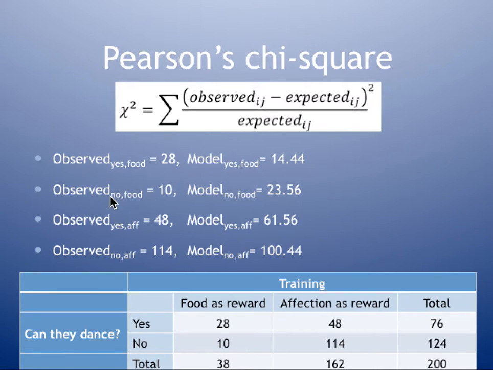Then we do the same thing with our next possibility, our next cell. The observed for no and food was 10 minus the expected value, 23.56. Then you divide that by the expected, 23.56. And you do that for all 4 of them. Then you will add those values up.